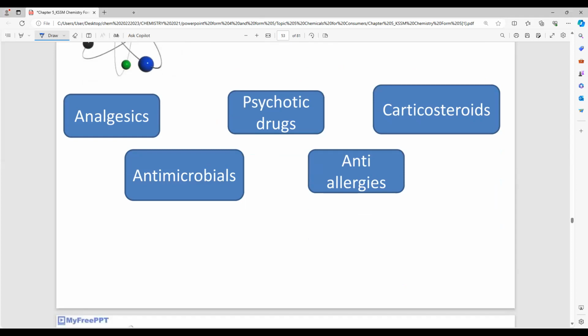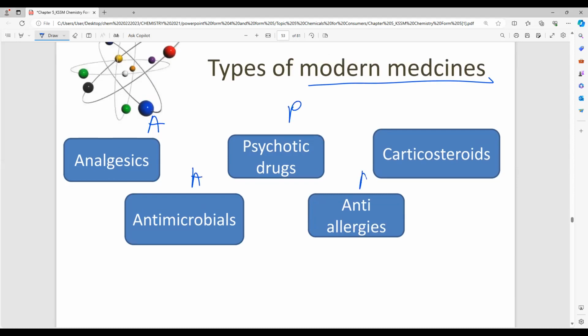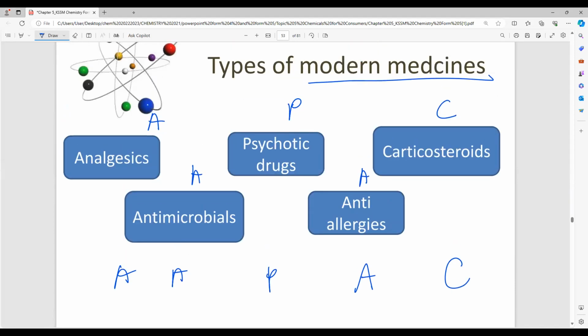Everyone write in your book or in your paper: APAC. Modern medicine is divided into APAC. You will appreciate teacher when I teach you to answer like this. First A is analgesic.